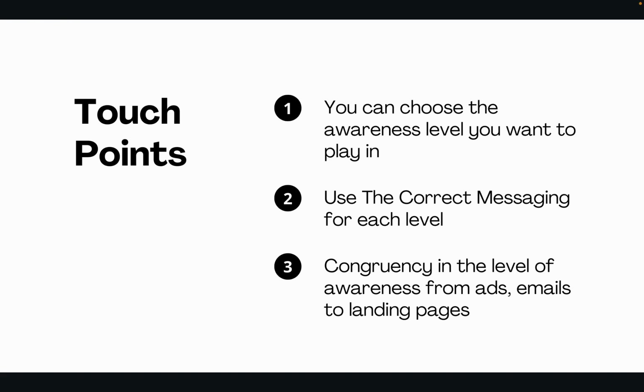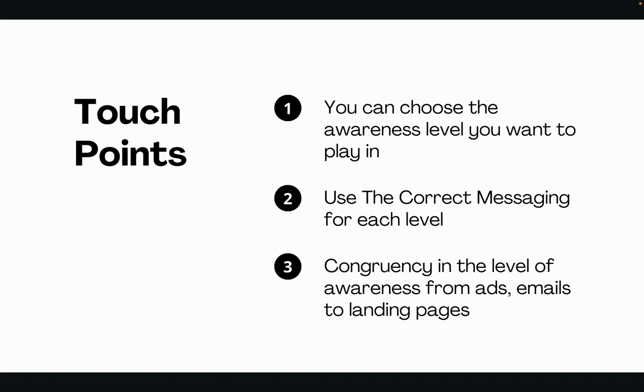Now, the second thing I want to point out is that you need to use the correct messaging for each level. If you're targeting people who are not aware, make sure that you are speaking to the symptoms first, because that's the only thing they can recognize. You tie that with the problem, okay? And if you're speaking to people who are aware of the problem, you want to talk about the problem.